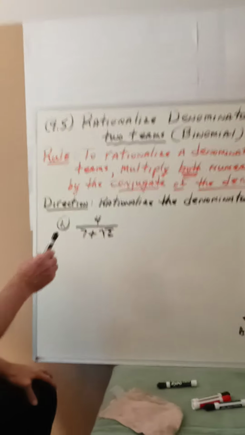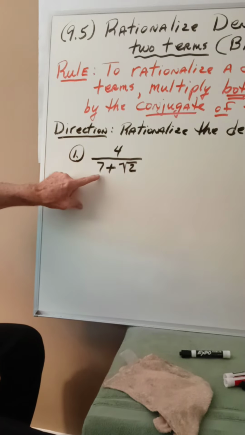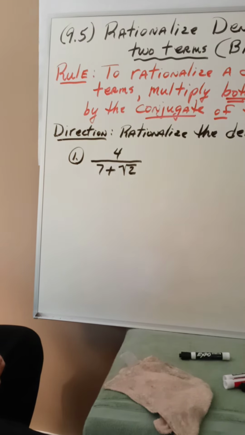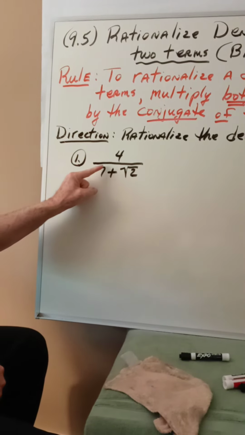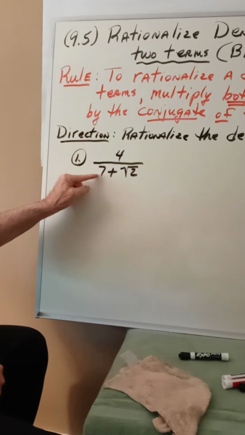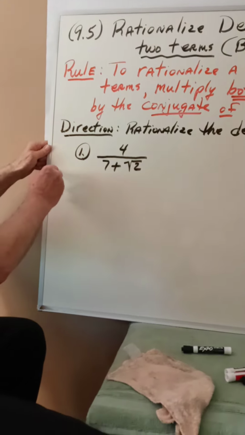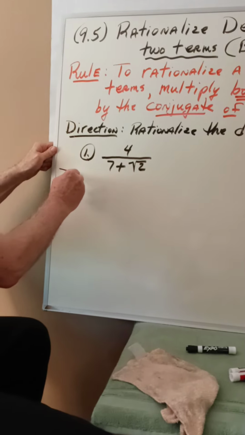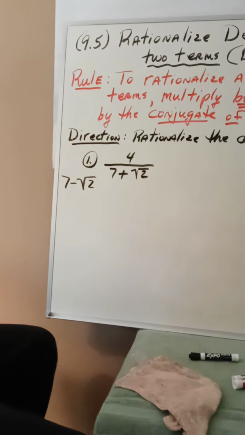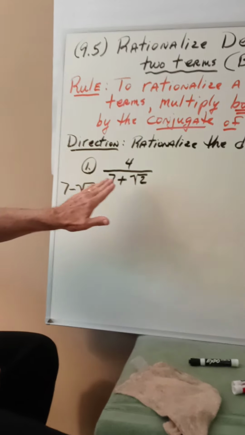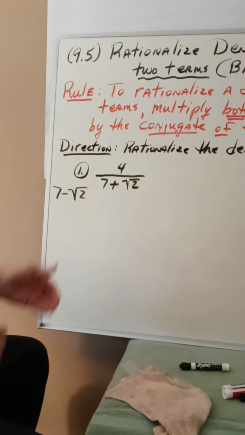So, let's look at the denominator. The denominator is the binomial 7 plus radical of 2. The conjugate of 7 plus radical of 2 is 7 minus radical of 2. I just kind of wrote that little binomial off to the side. Why are these two conjugates?